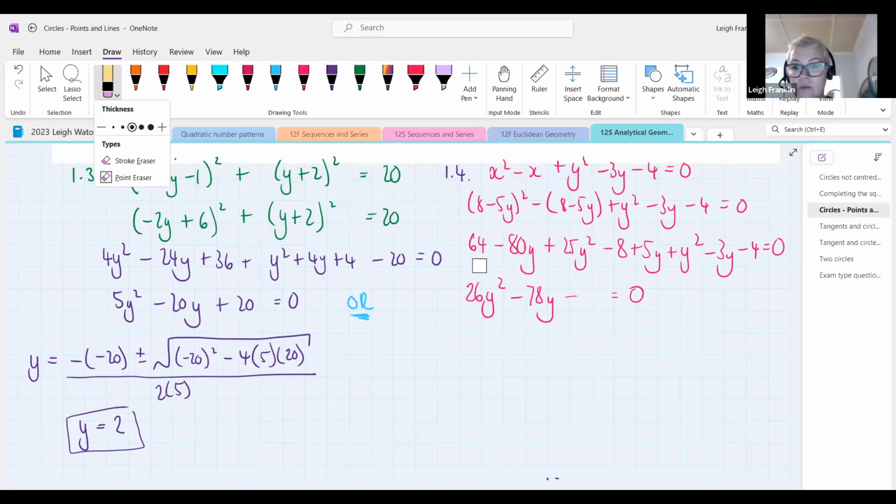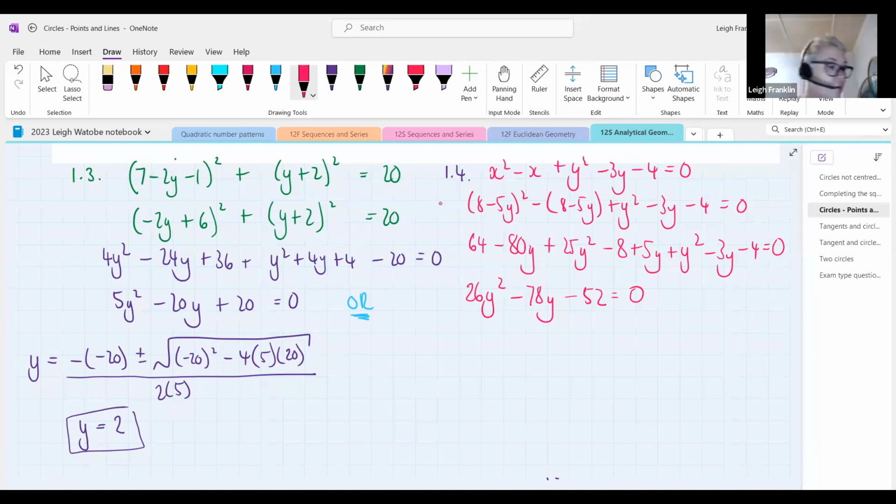And that leaves us with 52. Yes, 52. It's positive 52 though. It is positive 52, quite right. Okay, so I think we've got this correct.